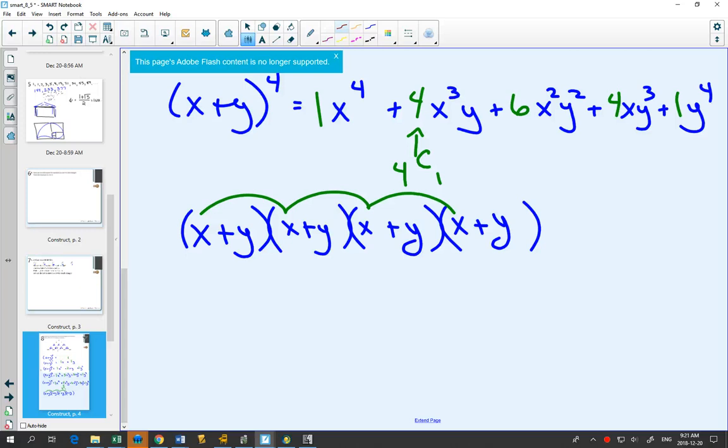But this 4 choose 1, if you were going to multiply all the different arrows that are possible, and you wanted to get 1y, every time you multiply, you take one thing from the first and multiply by one thing in the second, and one thing in the third, and one thing in the fourth.